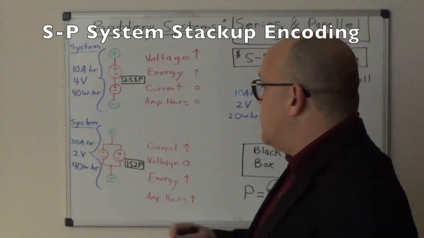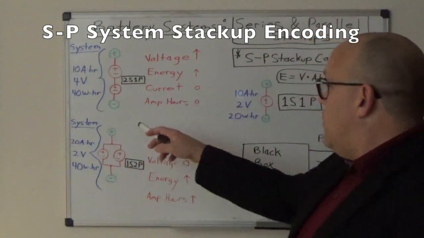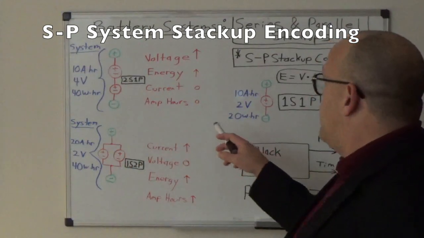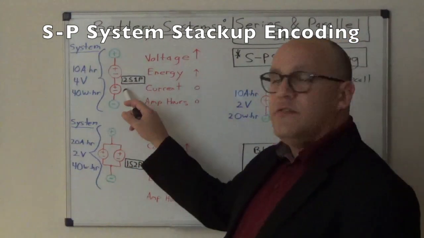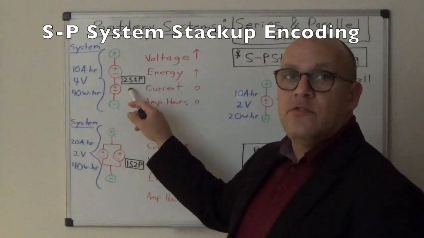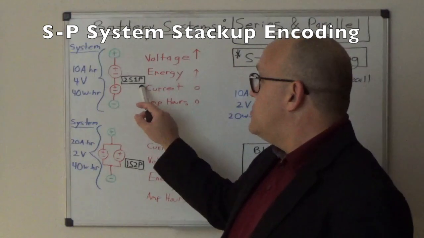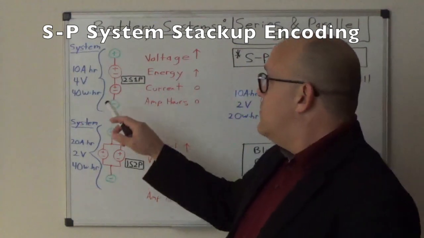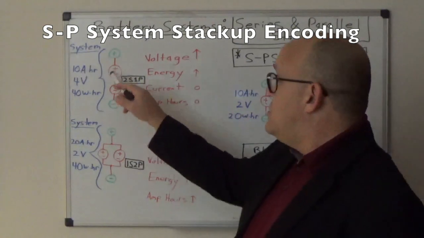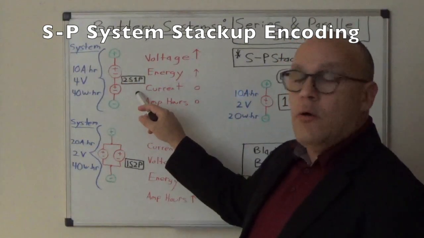You take each cell in a system, and for the series cells, you put the number of cells in front of the S, and for the parallel cells, you put the number in front of the P. So this system right here is a 2S1P because it's two cells in series and one cell in parallel.